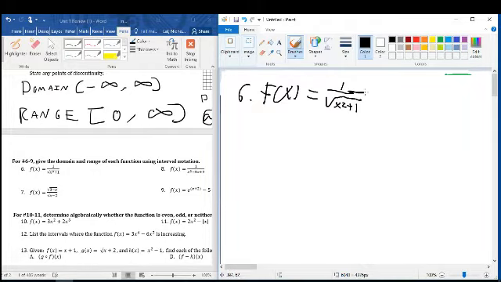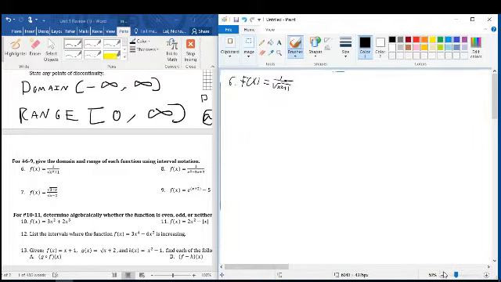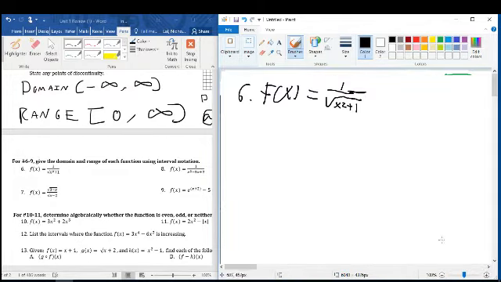So we're going to have two statements. One is that we cannot take the square root of a negative number, and two is that we cannot divide by 0. So the first statement is saying we can't take the square root of a negative. Let's solve for that.